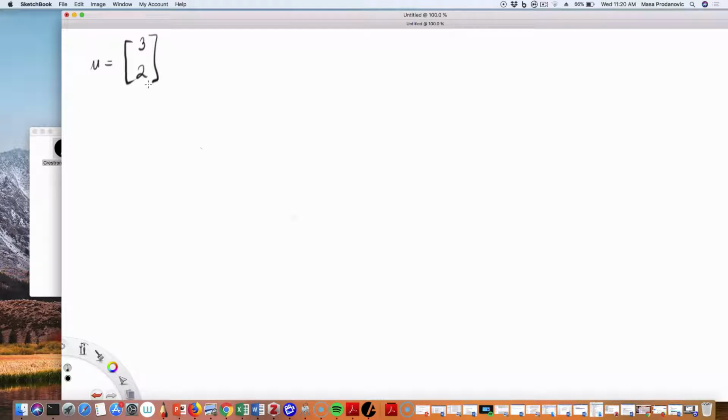So this is a vector U, 3, 2. And I'm going to call this mathematically a 2 by 1 vector, or a column vector. And I'm going to give myself another one, V, which is minus 2, 1. So these two are column vectors, 2 by 1.